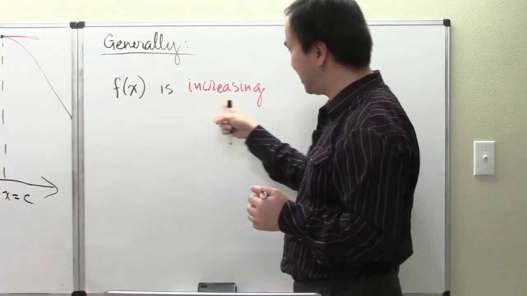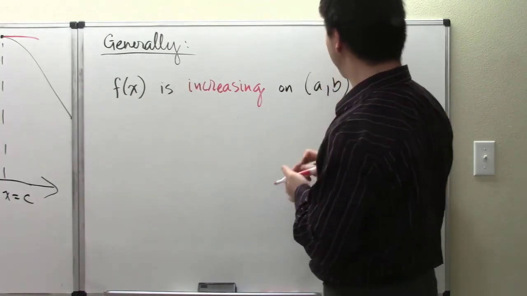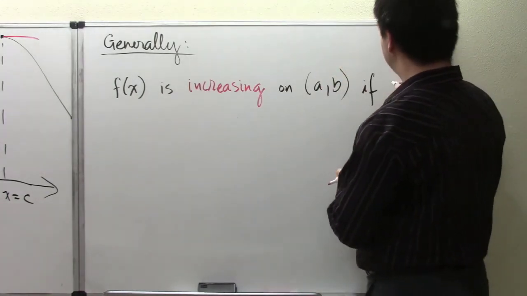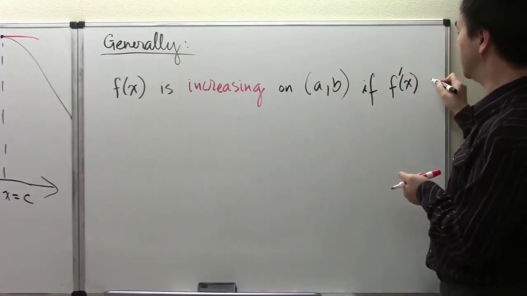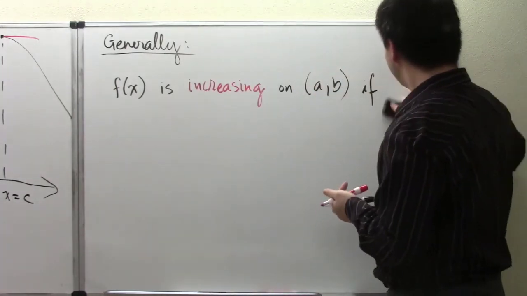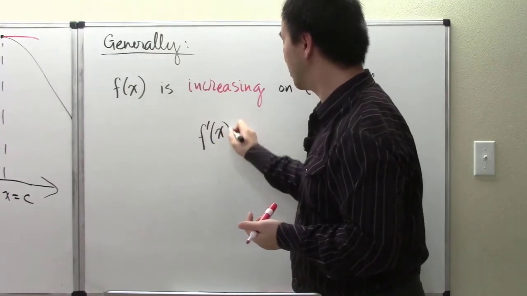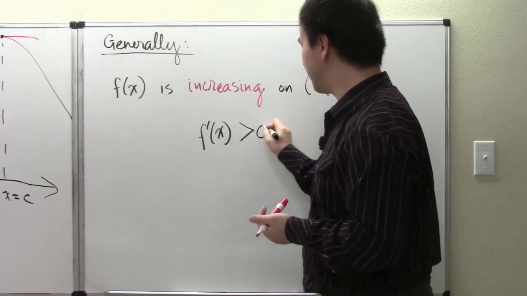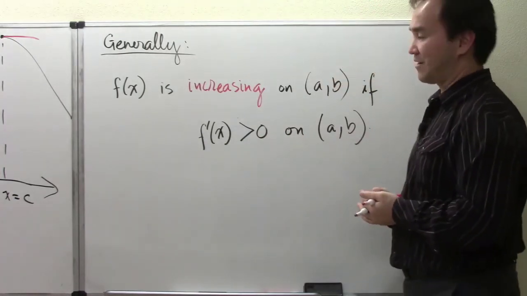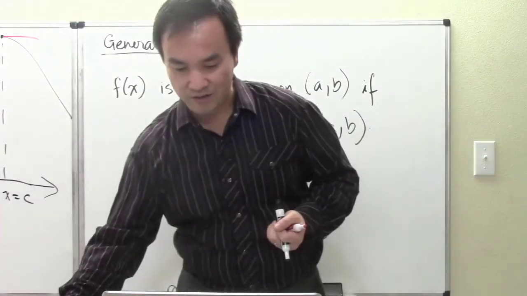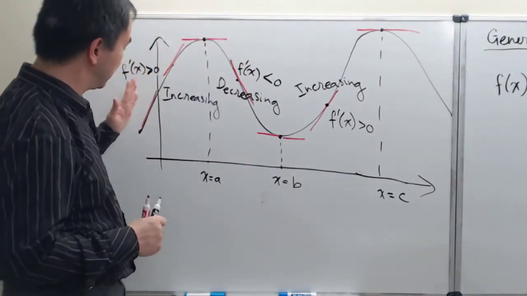So this is what we generally recognize: f of x is increasing on an interval from a to b if the derivative of our function in that interval is positive. Let me write that piece down here. Let's see how that generality is consistent with our work here.